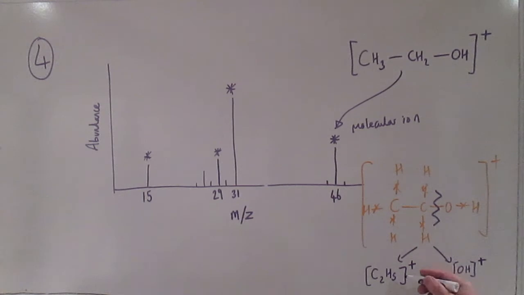So we could get this, we could get this, and we can look in the spectrum to see if they're there. C2H5, if you add that up, gives you an Mr of 29, and OH gives you an Mr of 17. So we would expect in the mass spectrum an m/z of 29 if this fragment is formed, and m/z of 17 if this one is formed.